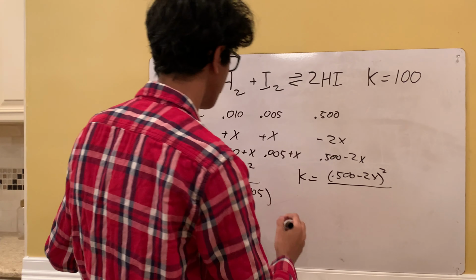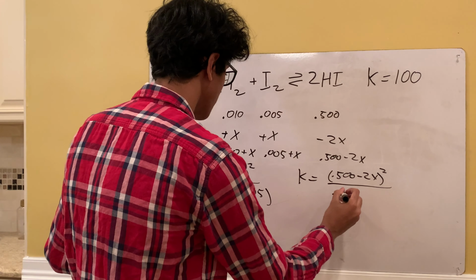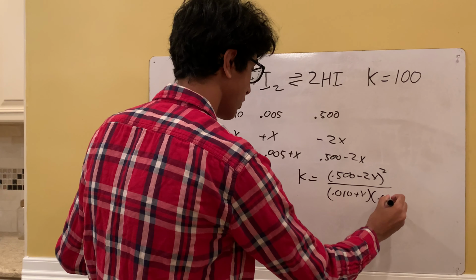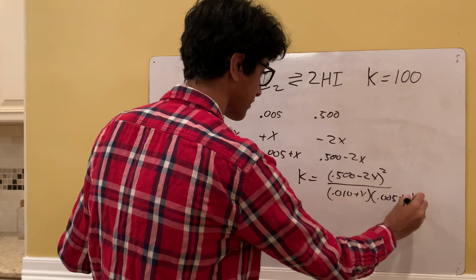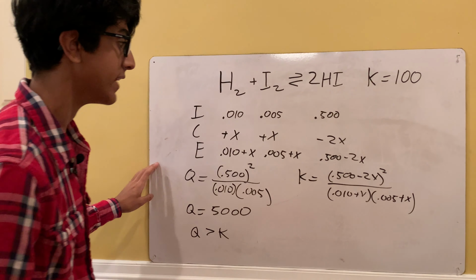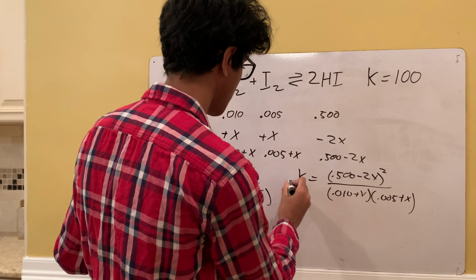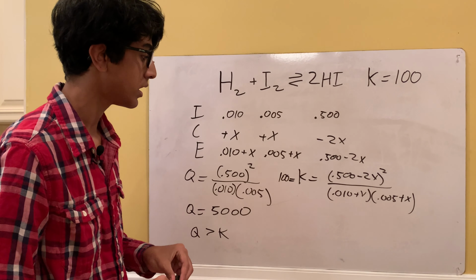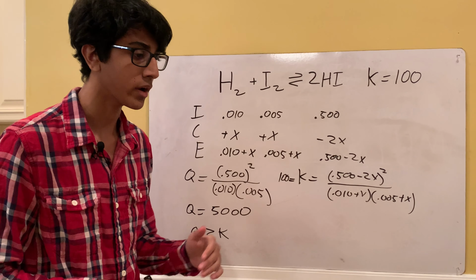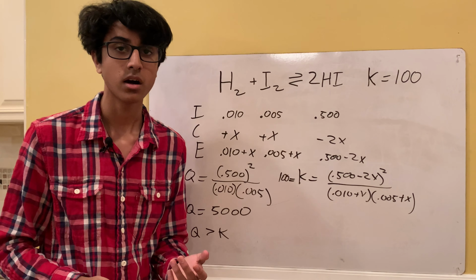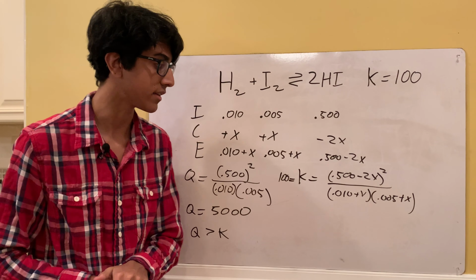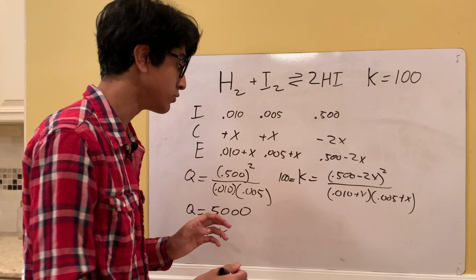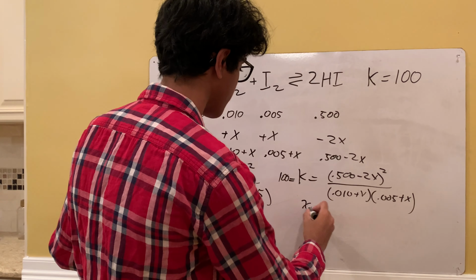And it's divided by 0.010 plus x times 0.005 plus x. And we know that K is equal to 100. So you can either solve this algebraically, or if you have a TI-89, I remember we used to do this in chemistry class a lot, just plug into the TI-89 and solve it that way. But you do find out that x is equal to 0.035.